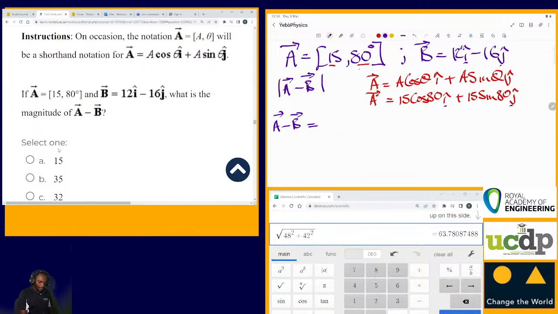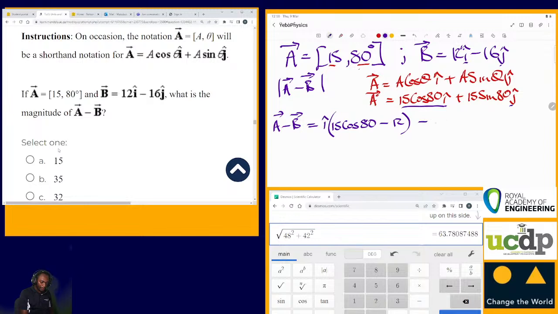So we start with the i direction. It becomes 15 cos 80 minus 12. All this is in the i, right?